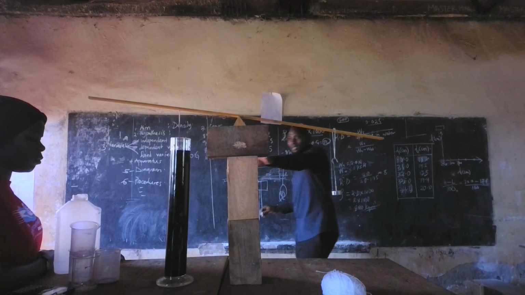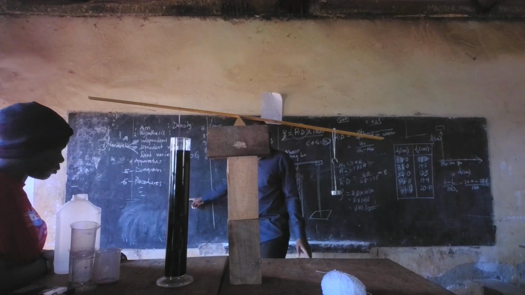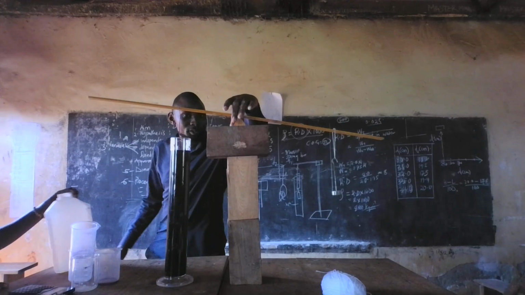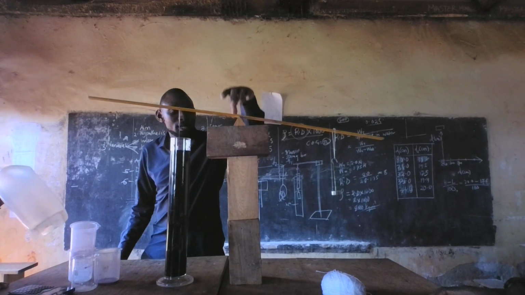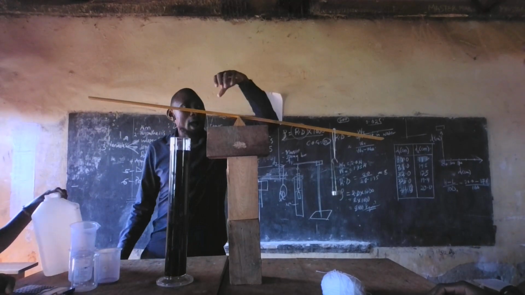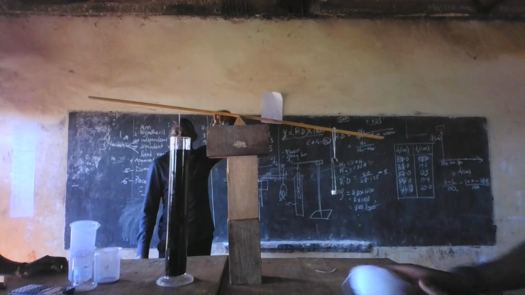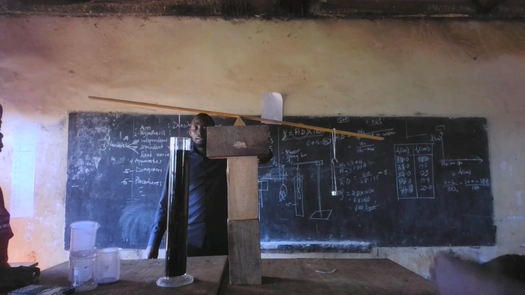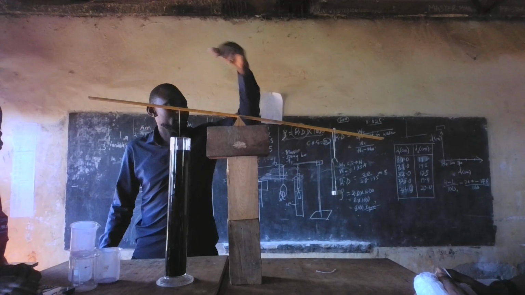Now, the procedures, the way you have been doing it, is the way you write the procedure here. You say you have placed a knife edge onto the what? The wooden block. Then you say that a knife edge is placed, or a knife edge was placed. We use the two tenses in the report. You get that? Then it is placed on a horizontal ruler to measure the COG.